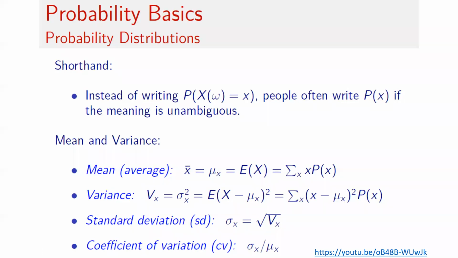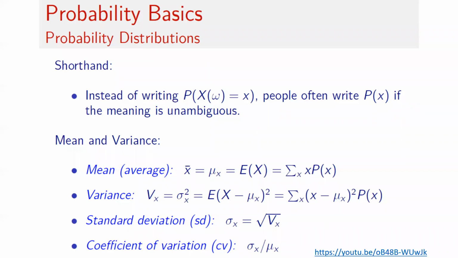We can think about the mean as an indicator of where the probability distribution lies. Also, here we have the variance, and the variance is an indicator of how widespread the possible outcomes are. Here we have capital V sub index x, also written as sigma squared sub index x.